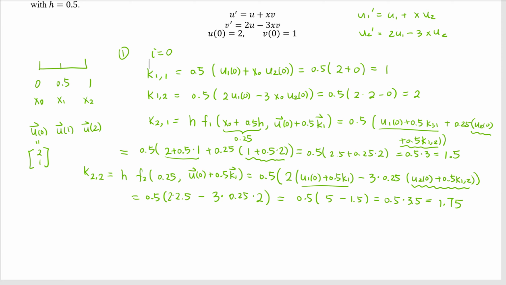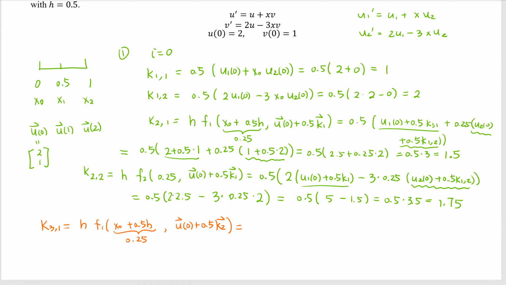Okay, so K31 is H times F1. Ooh, this is still the same. This is still x0 plus 0.5h. So we know this is 0.25. And then we have u of 0 plus 0.5. Now this is k2.